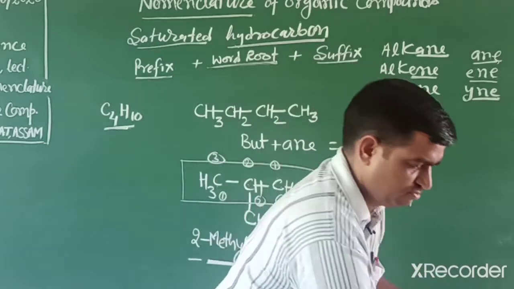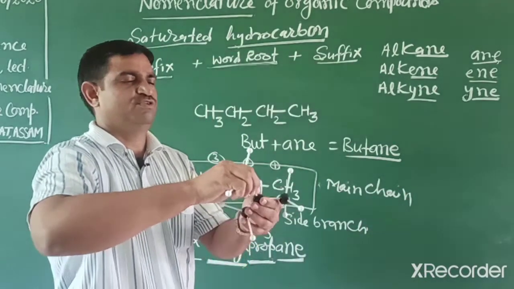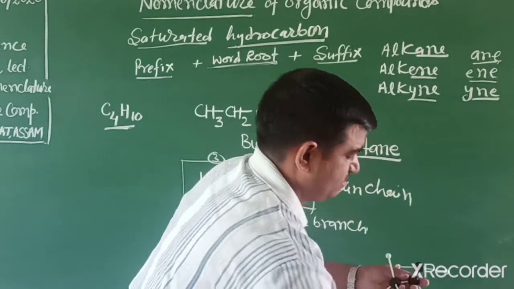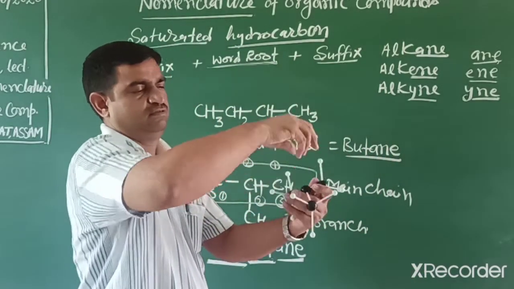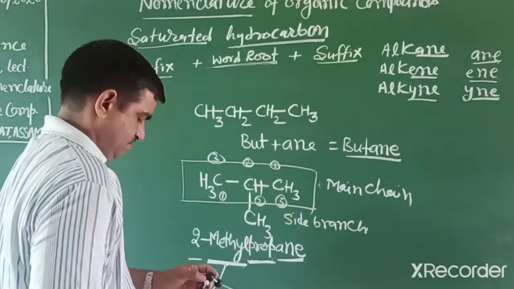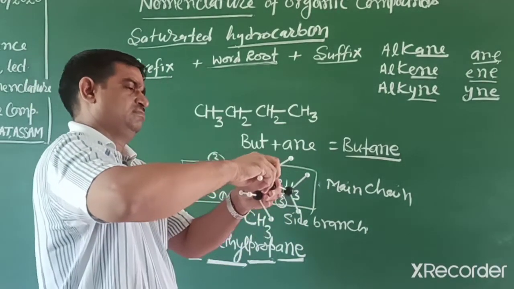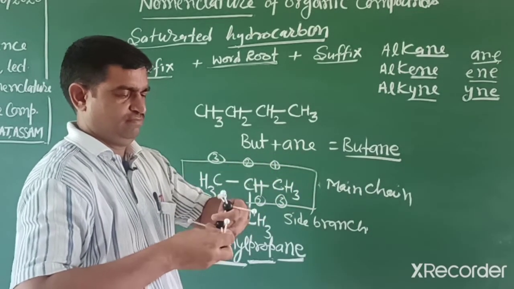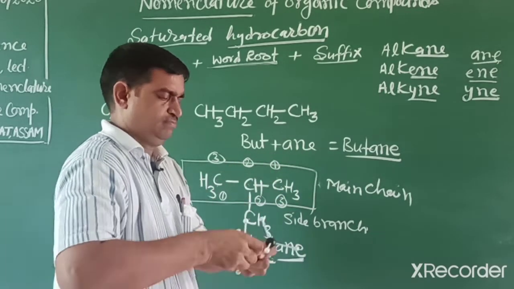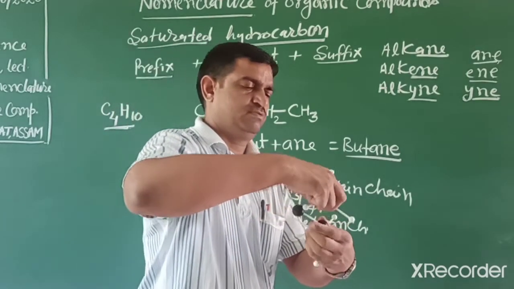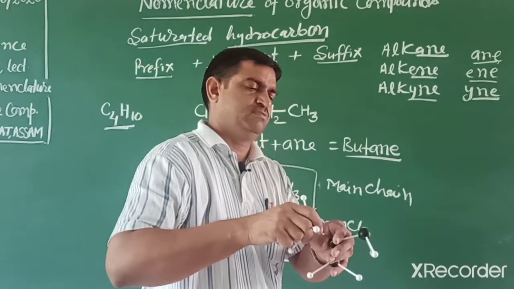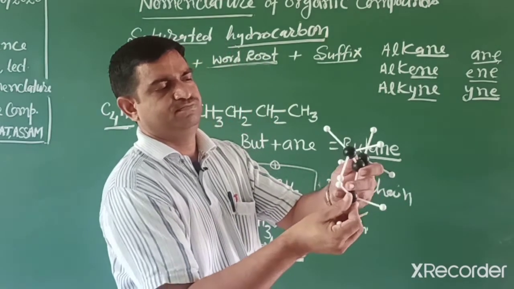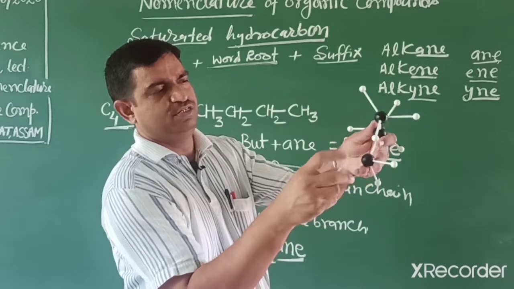Suppose we have a total of 4 carbon, we can write like this. You can see the position. You can start any side.